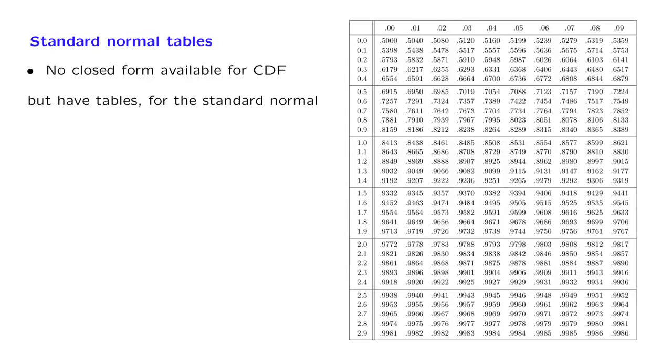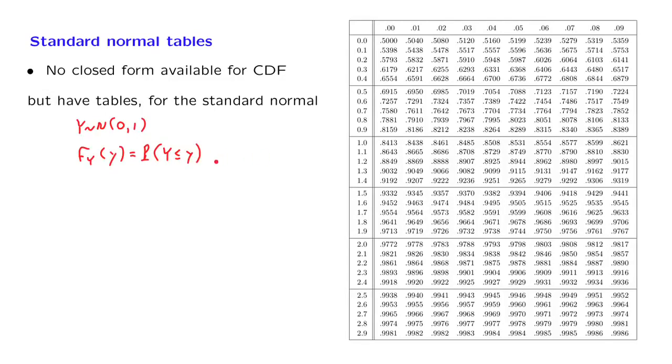These tables, which take the form shown here, give us the following information. If we have a standard normal random variable, they tell us the values of the cumulative distribution function for different values of little y.